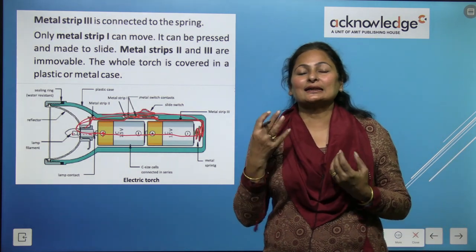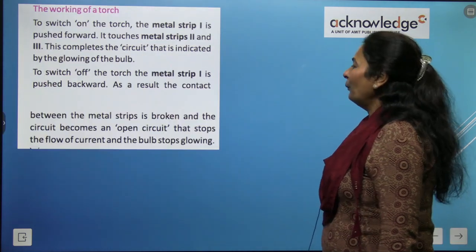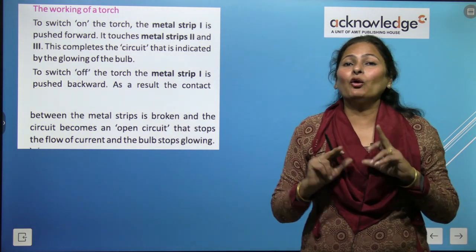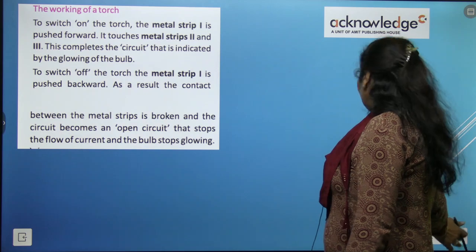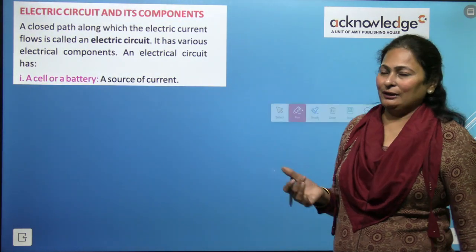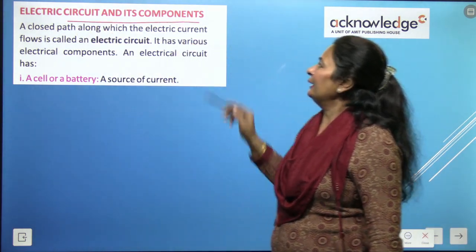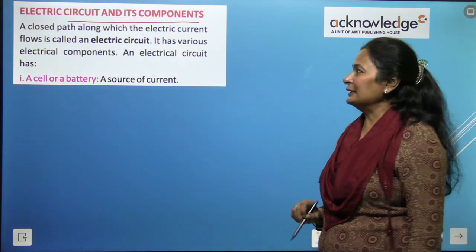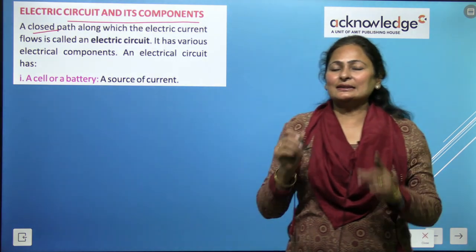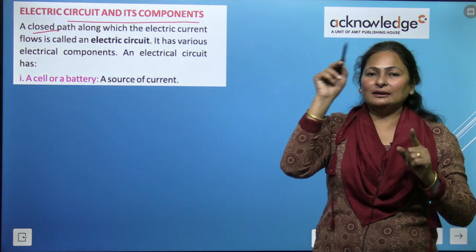So this is the open circuit, and this open circuit doesn't allow electricity to flow, and the bulb will stop glowing. Now electric circuit and its components as a closed path. Closed path we have discussed in the circuit when there is no space between the circuit.